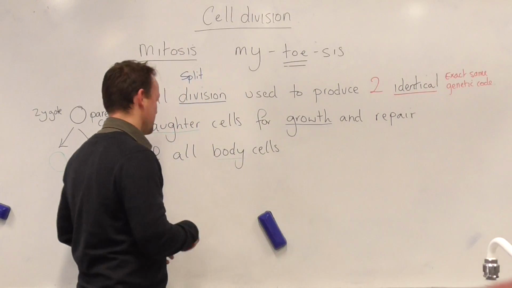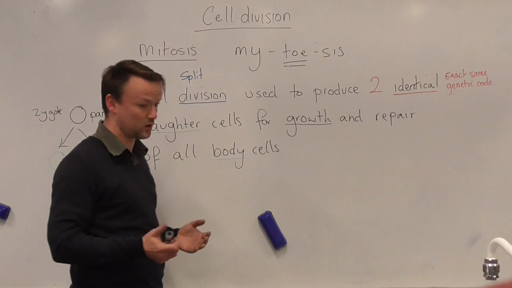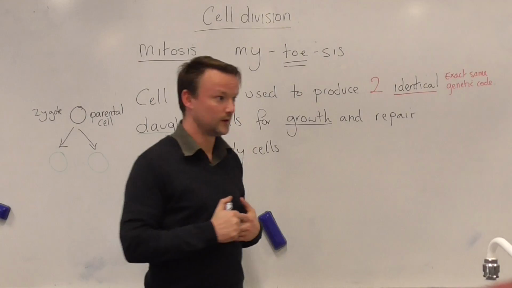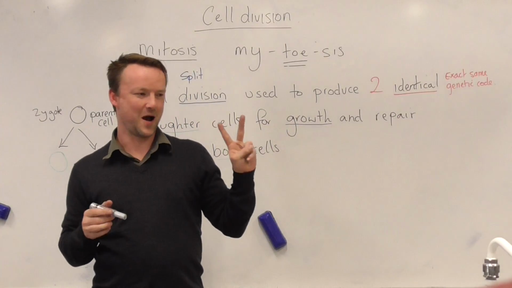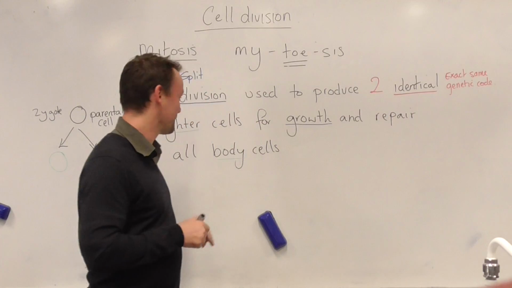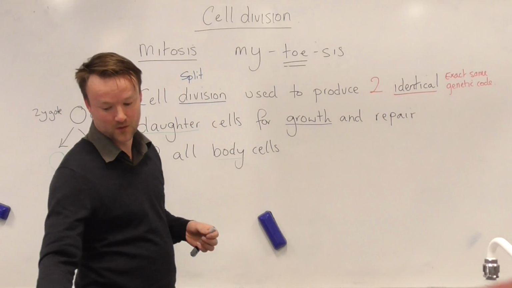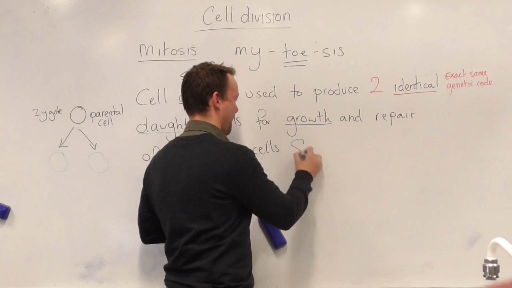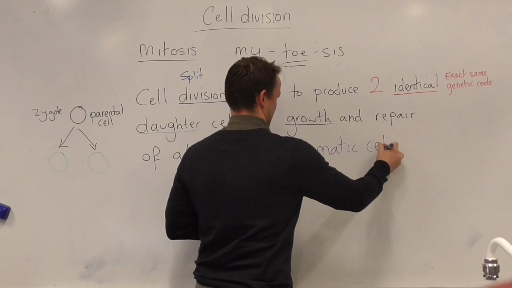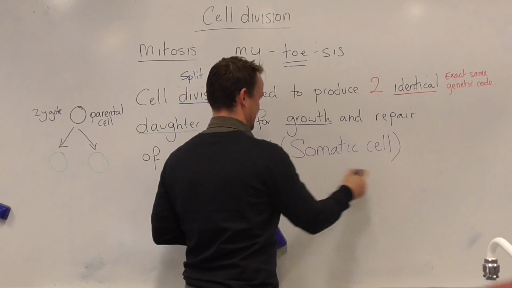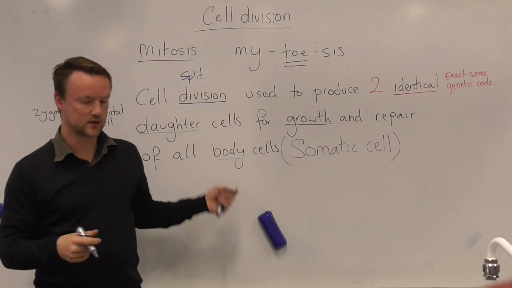Okay? And body cells. Well, the reason why it's in your body, okay, is there are 2 types of cells. One is your body cells, and the fancy name for body cells is something called a somatic cell. Okay, and somatic is a fancy word that means body cells.